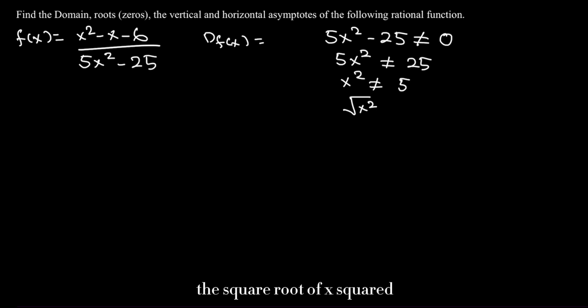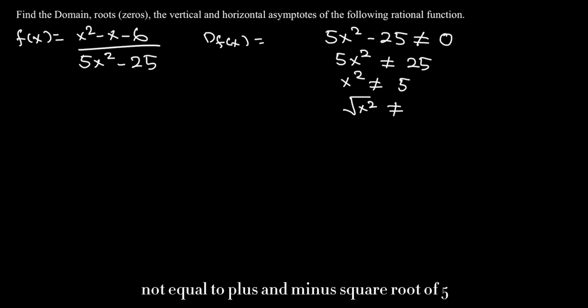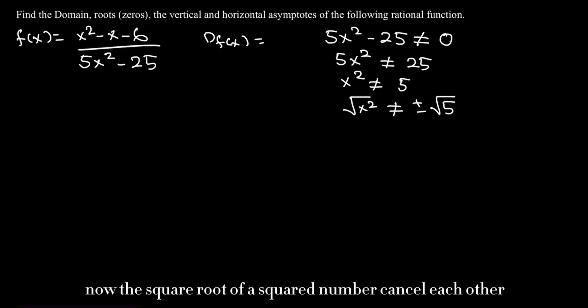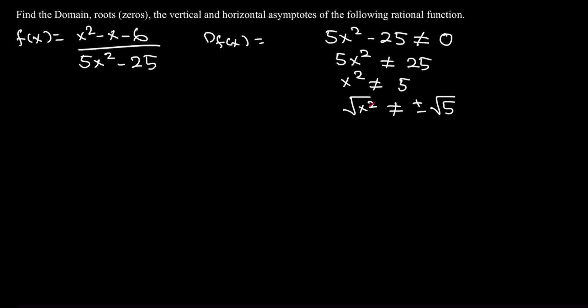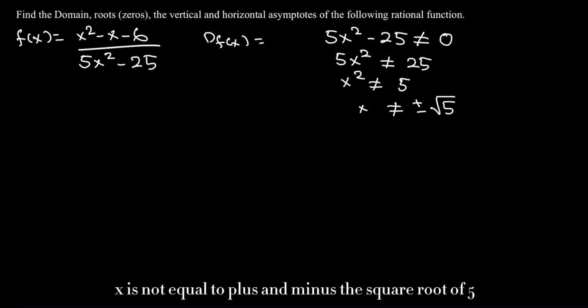The square root of x squared not equal to plus and minus square root of 5. Now the square root of a squared number cancel each other. So basically, they're canceled. X is not equal to plus and minus the square root of 5.